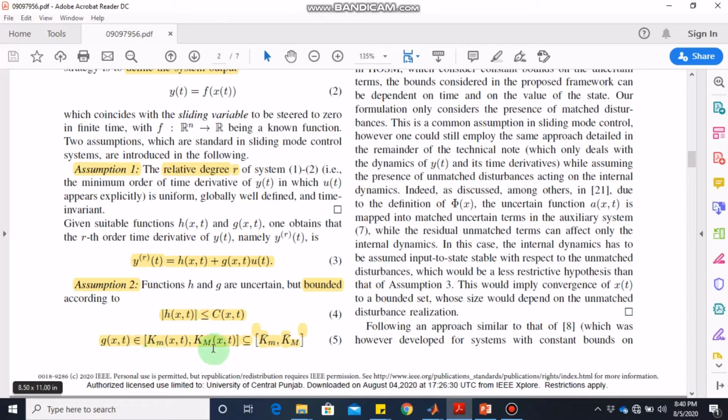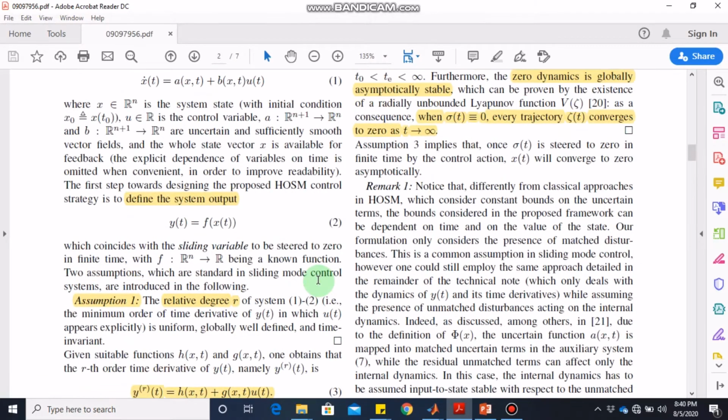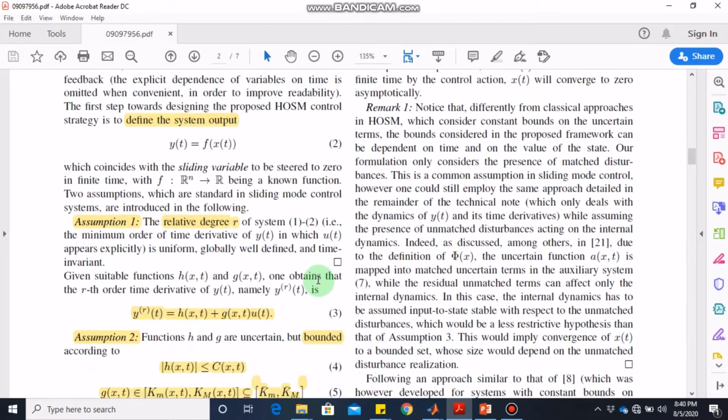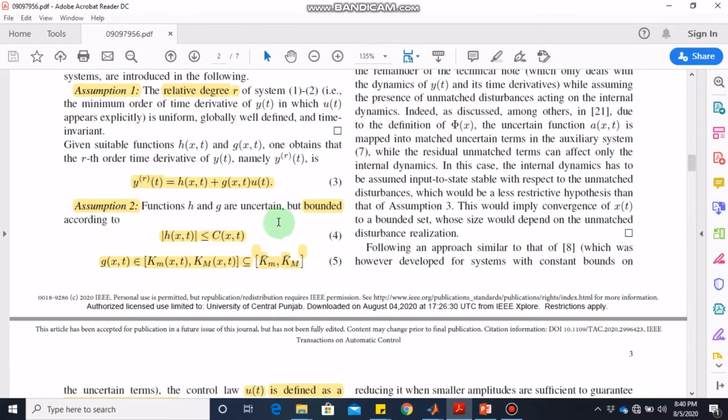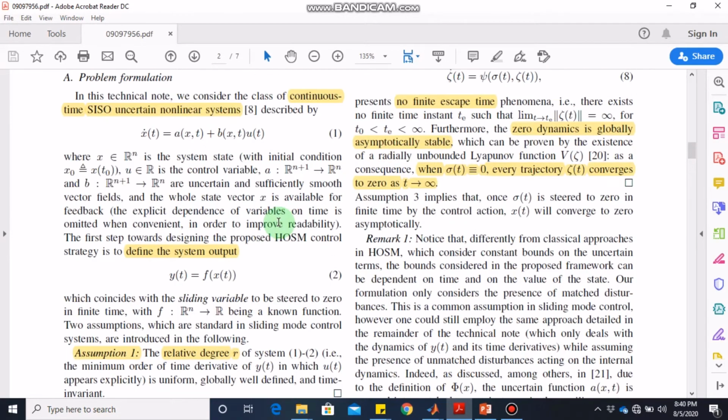This is another assumption. These assumptions are basically telling you the type of systems for which the controller proposed in this paper will work.